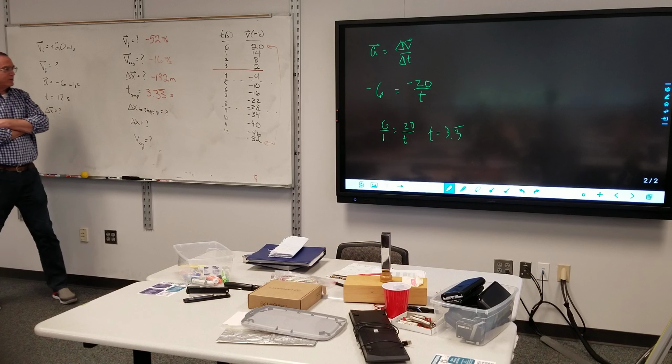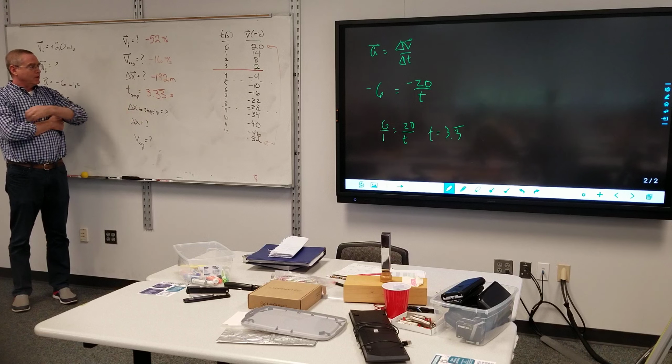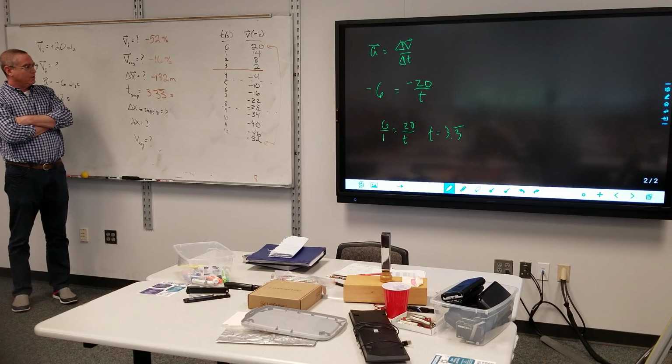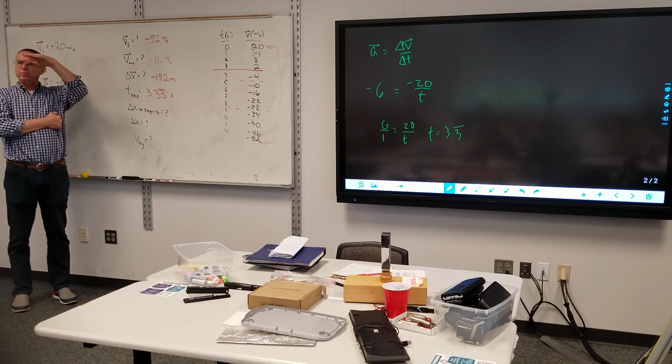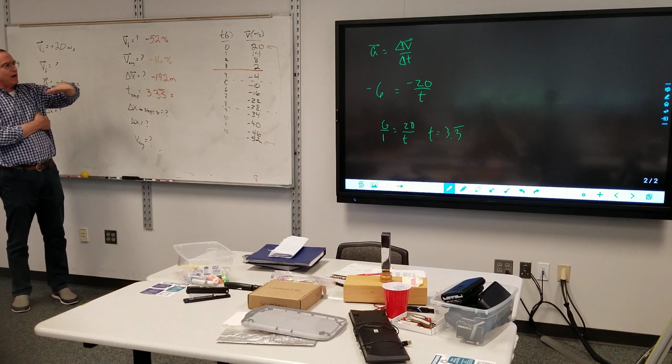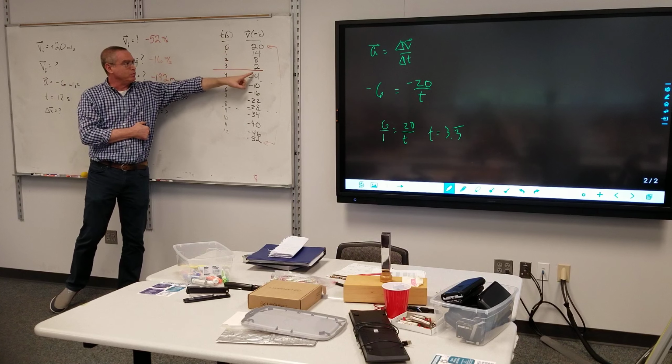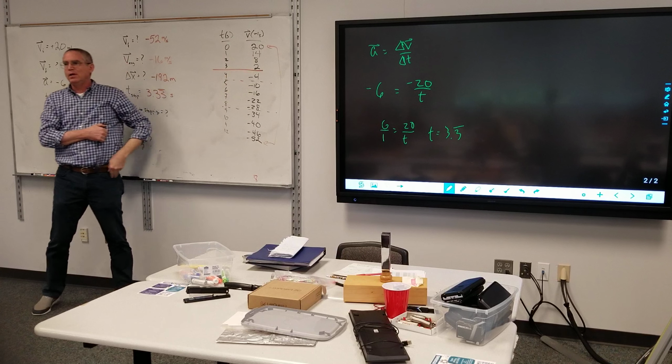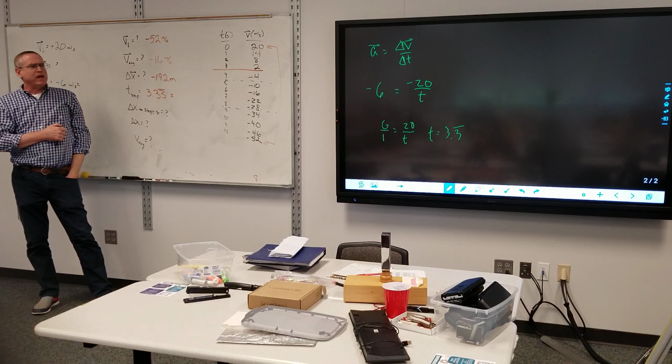All right, let's talk about the distance to stop. In the time from the beginning of the problem to when it stops, not when the problem stops, but when the object stops. So from here to here. What is the average velocity?